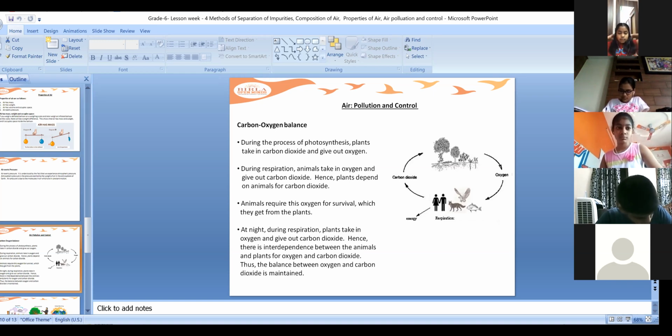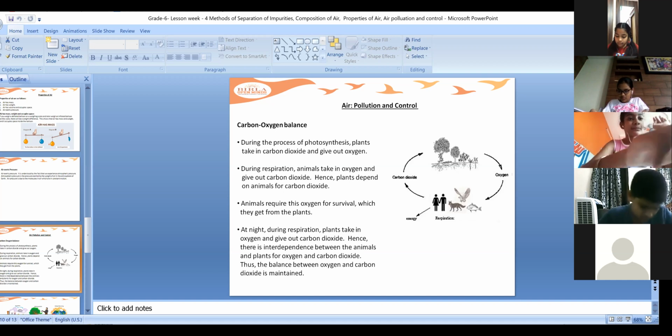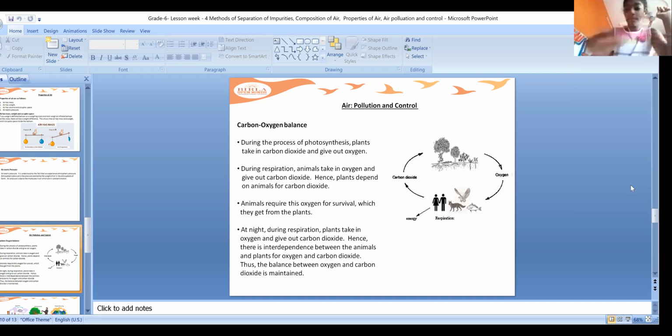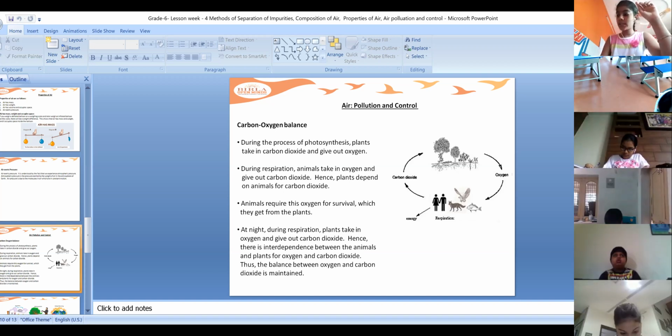Yes, Devishi. What are the different sources which I have mentioned in that answer? Ma'am, man-made sources such as fumes from industries, smoke from vehicles, and burning of garbage, etc. Okay, what are the other sources?